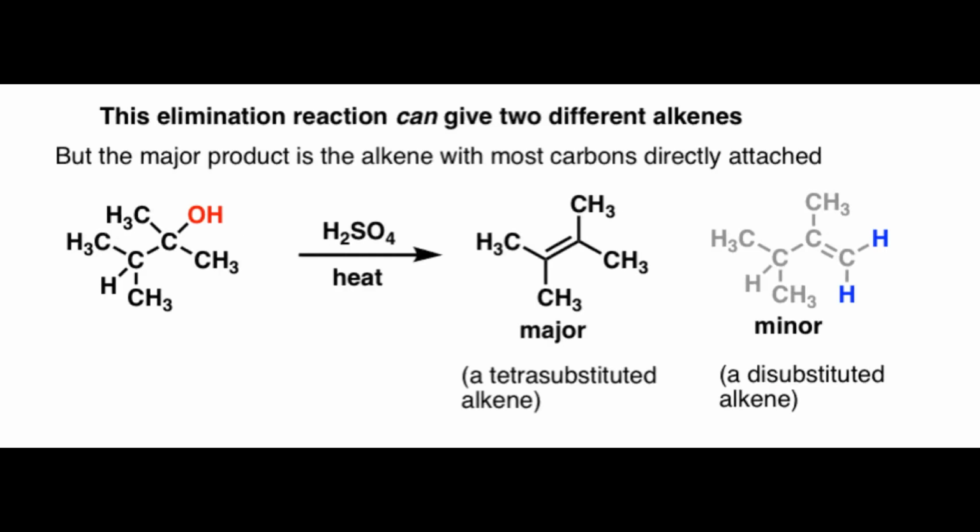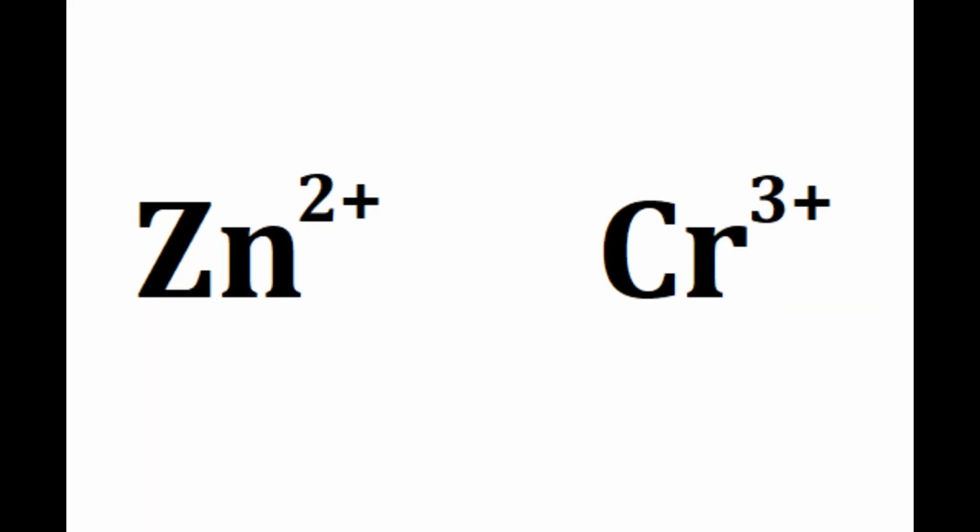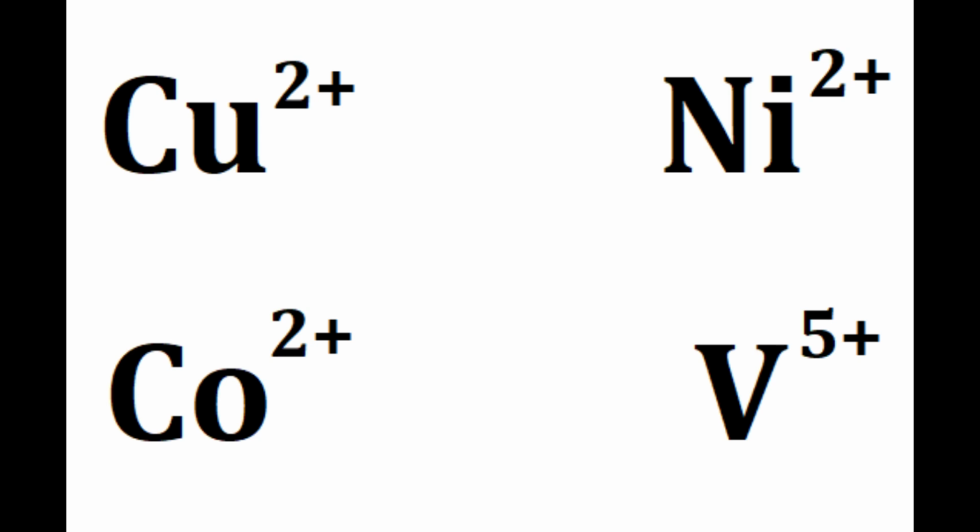In organic chemistry, there are usually minor and major products of a reaction, and in the abiotic TCA cycle analogs, there would also be minor products that couldn't be fed into the next stage of the cycle, acting as a sort of bleed-off. The presence of zinc and chromium ions will decrease the production of these minor products in the abiotic TCA cycle, i.e., increase its overall efficiency. Furthermore, copper, nickel, cobalt, and vanadium ions catalyze the Strecker reactions, which convert alpha-keto acids into amino acids.